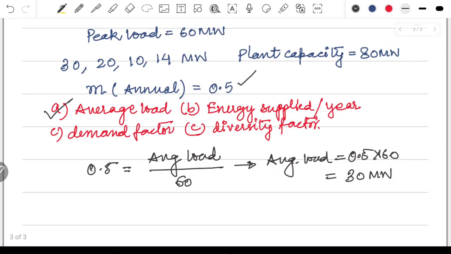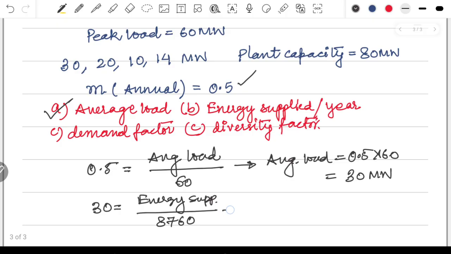Then the energy supplied in a year. As you know, the average load, which is 30, is nothing but energy supplied divided by the time in which energy has been supplied. So it is a year, that is nothing but 8760 hours.